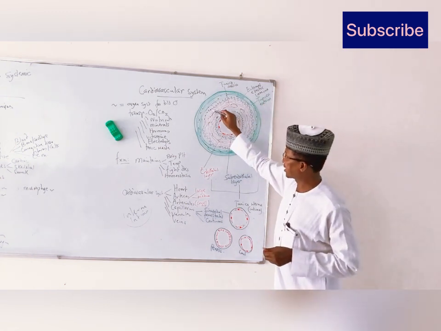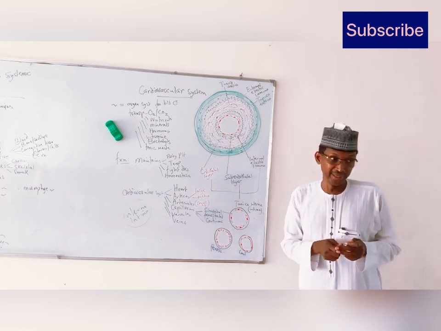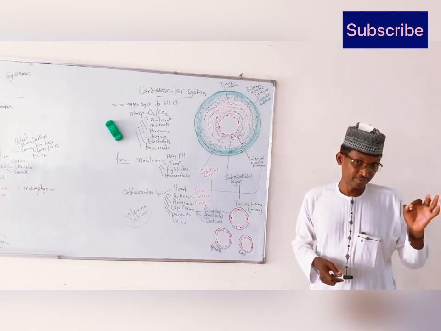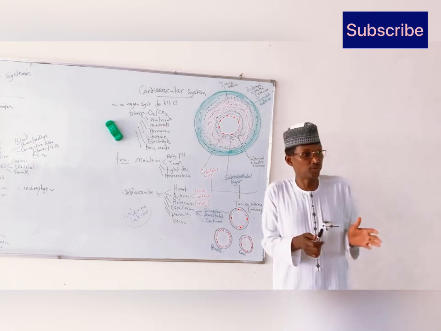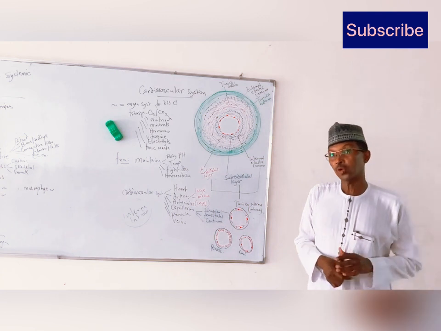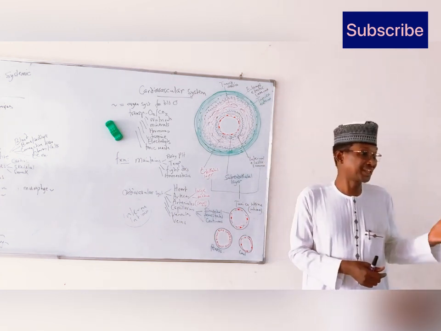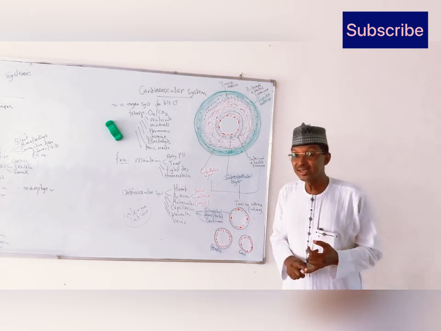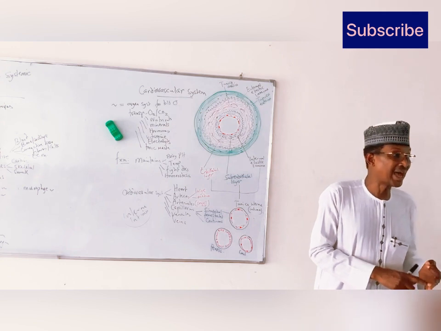This external elastic lamina plus the internal elastic lamina, they are all made up of purely elastic fibers. These elastic connective tissue fibers are part of the categories or types of connective tissue fibers. Connective tissue fibers are made up of three: we have elastic fibers, collagen fibers, and the reticular fibers.